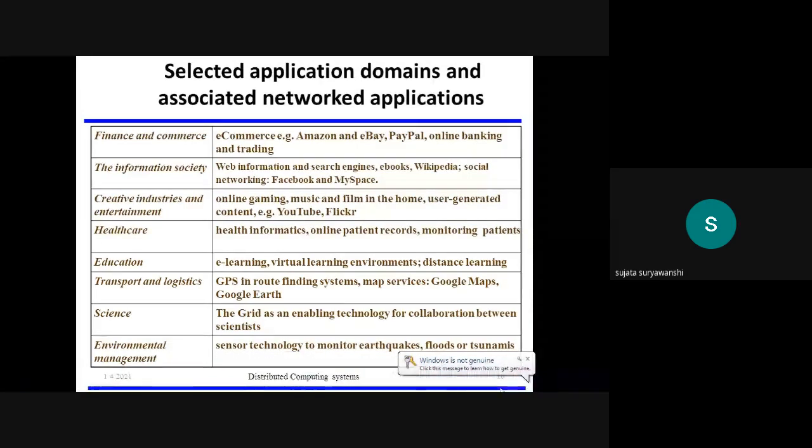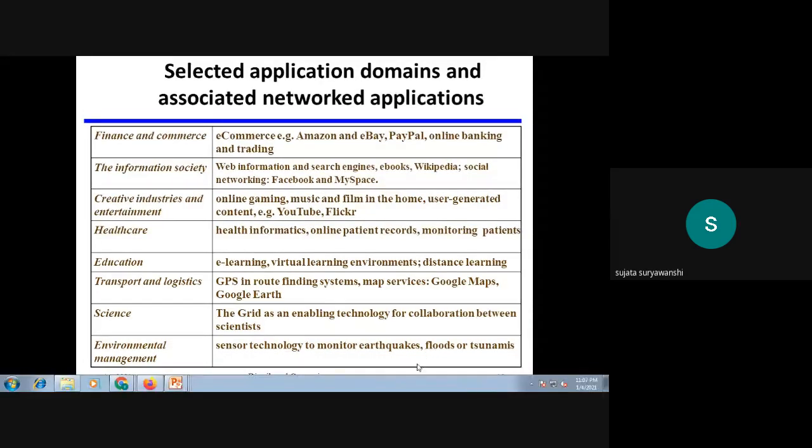And the last one is environment management. Under this domain, sensors and sensor technologies are designed and developed to monitor earthquakes, floods or tsunamis. We get to know about all these concepts under environment management.